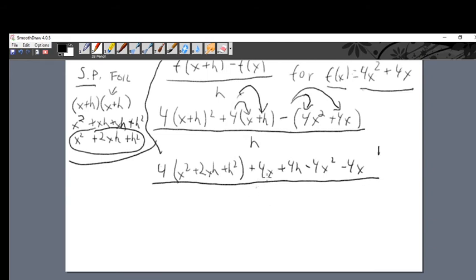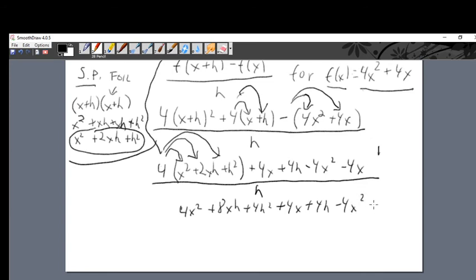Okay, here we go. 4 times x squared is 4x squared. 4 times 2xh is 8xh. And 4 times h squared is 4h squared. Plus 4x plus 4h, I'm just rewriting them, minus 4x squared minus 4x, over h.